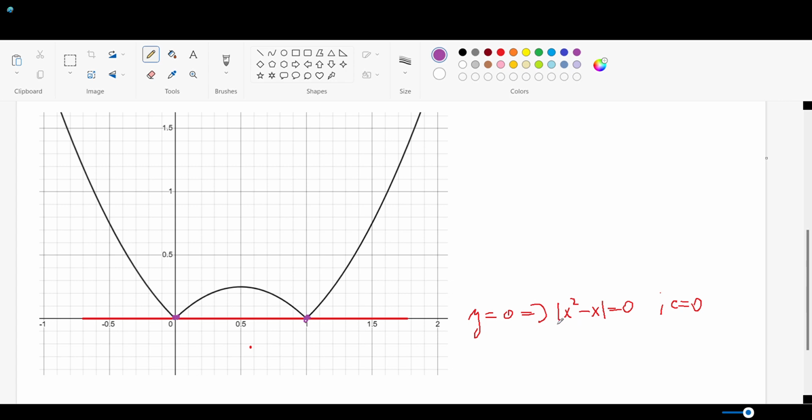So the solution of this equation is x is equal to 0, and this is the first root, and the second one is x is equal to 1. So in this case, if c is equal to 0, there are two solutions, and the set of the roots is the points x equal 0 and 1.